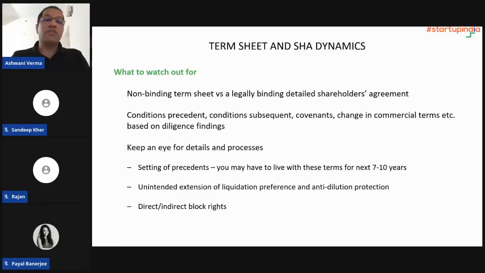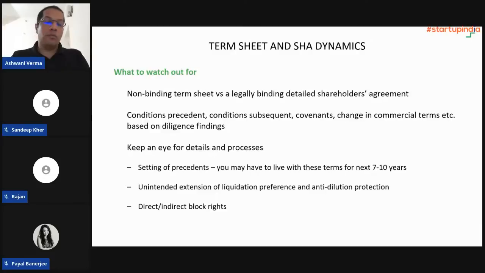then a lot of decisions are taken pursuant to the due diligence process, like conditions precedent are added, conditions subsequent are added, or there are some covenants which the company is expected to fulfill during the time the investor is on the cap table. This would range simply from some basic regulatory compliances to some licenses or approvals which a company is required to take, but they haven't taken at the time of the investment or at the term sheet stage.